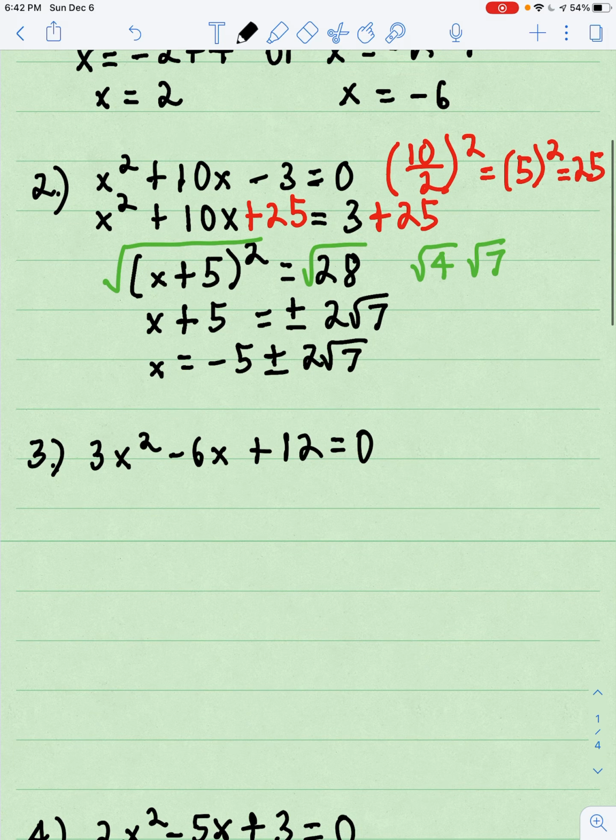Moving down to example 3. This time we have 3x squared minus 6x plus 12 equals 0. And the first thing that we notice is a is not 1. Before we can solve our equation by completing the square, we need to get a to be 1 by dividing both sides of this equation by 3.